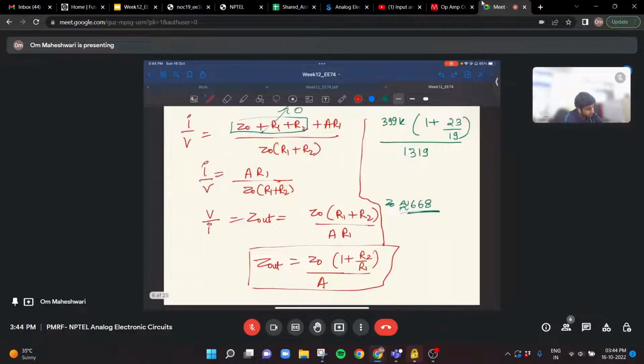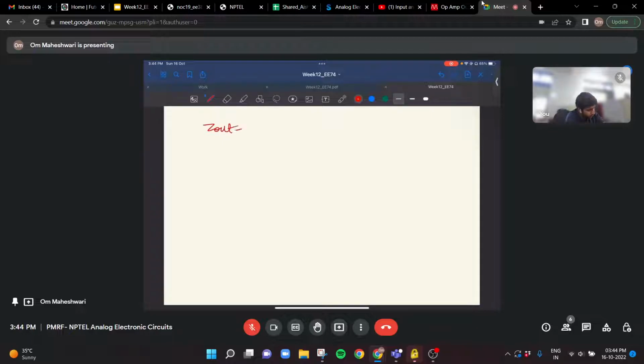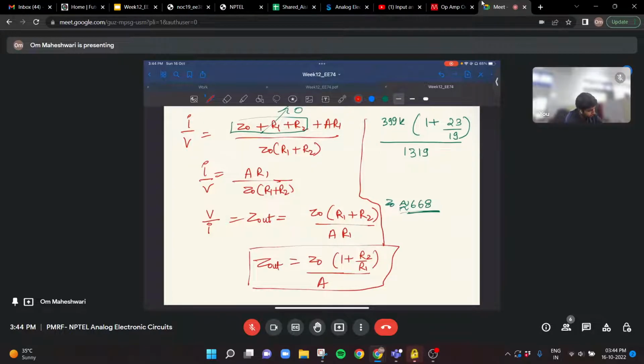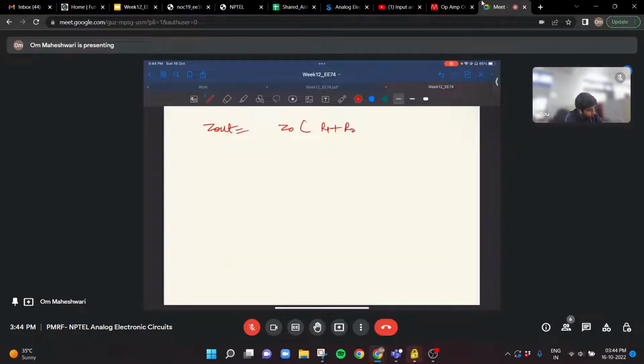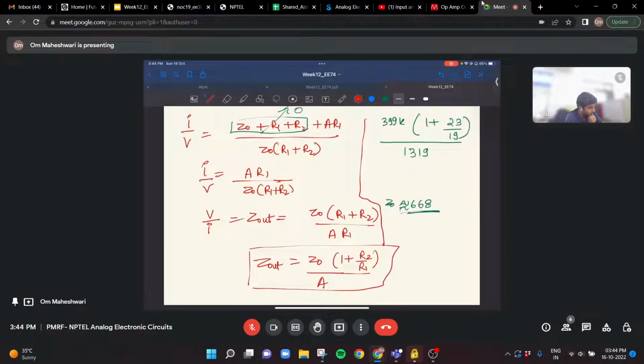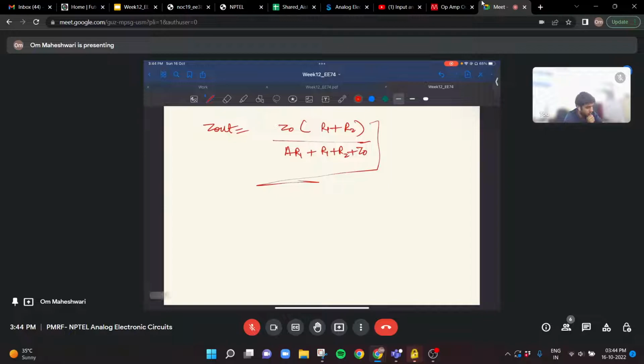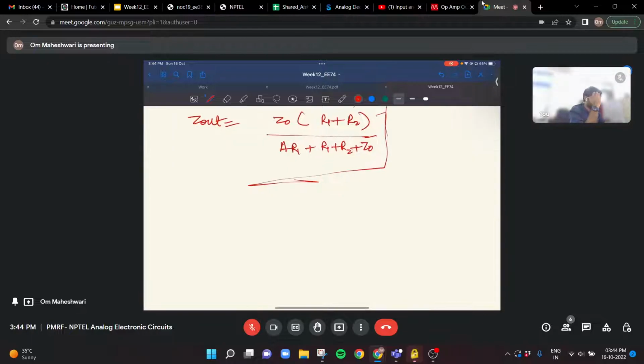If we don't do the approximation, then Z out equals Z naught times (R1 plus R2) upon (A R1 plus R1 plus R2 plus Z naught). So what is the value? 657, sir. Correct. So you can use this formula instead. If the approximation is not valid in those results, please use this formula.